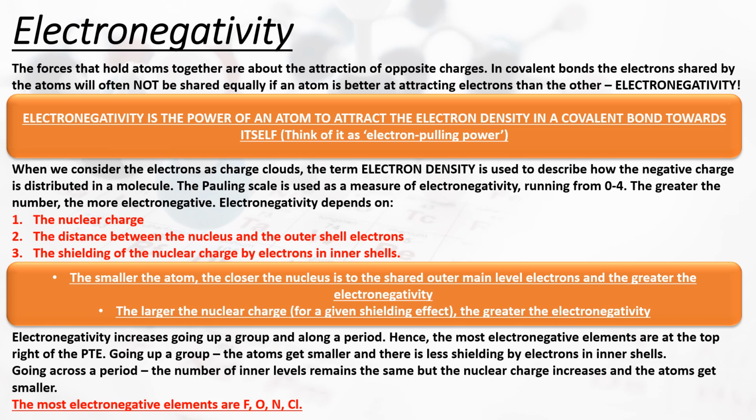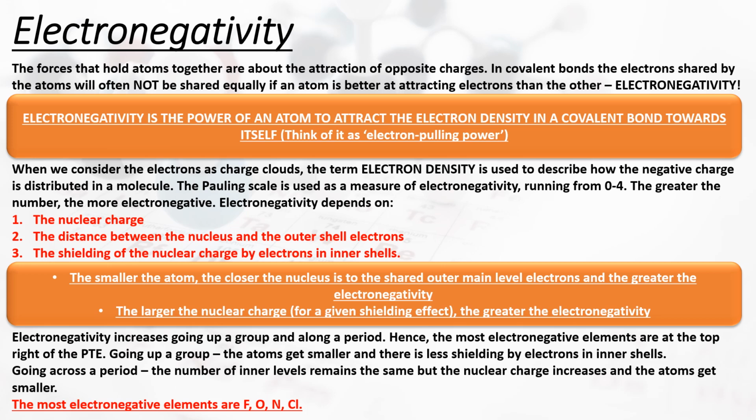And electronegativity depends on three main things: the nuclear charge, the distance between the nucleus and the outer shell electrons, and the shielding of the nuclear charge by electrons in the inner core shells. Now the smaller an atom is, therefore we're thinking of fewer electron shells around it, the closer the nucleus is to that outer main level of electrons.